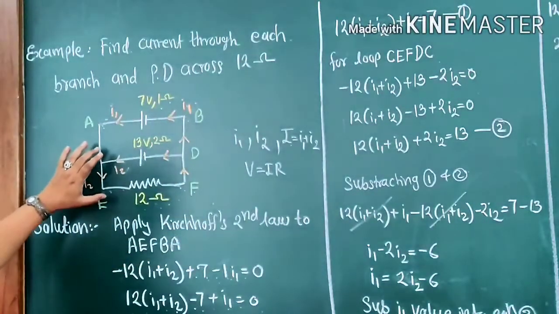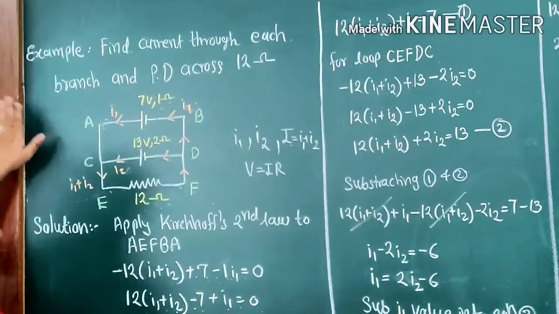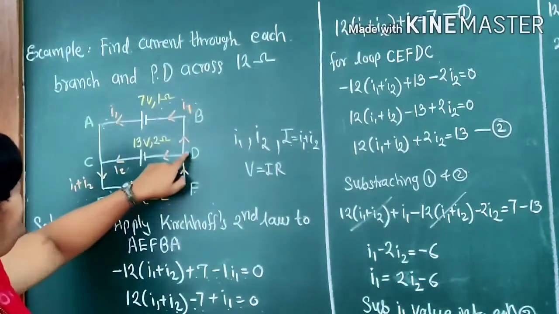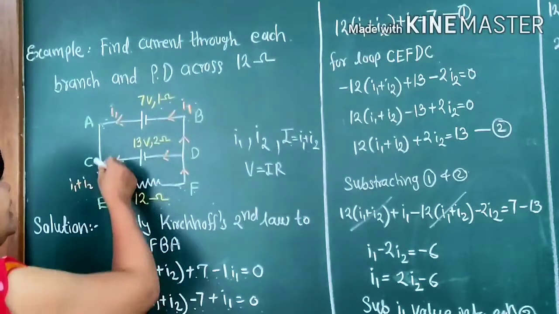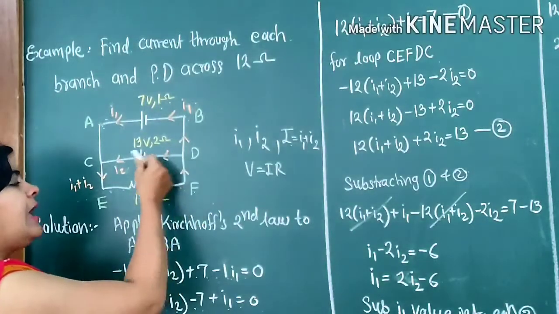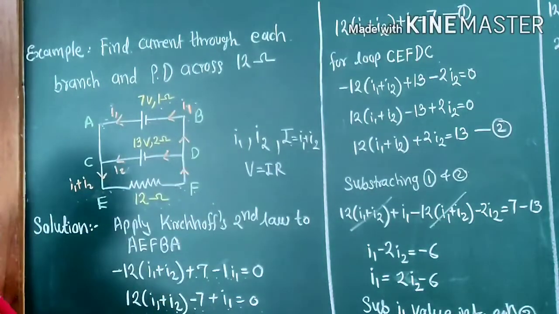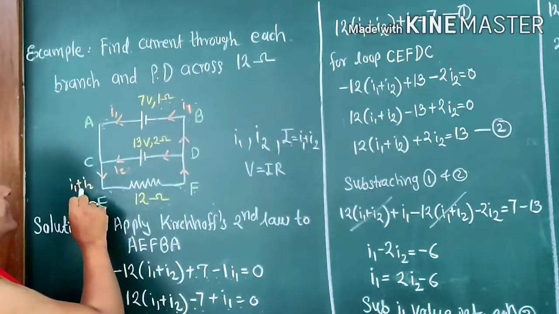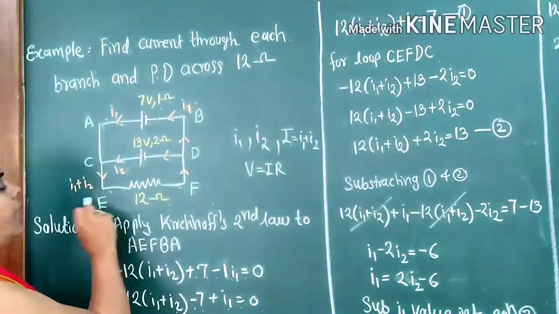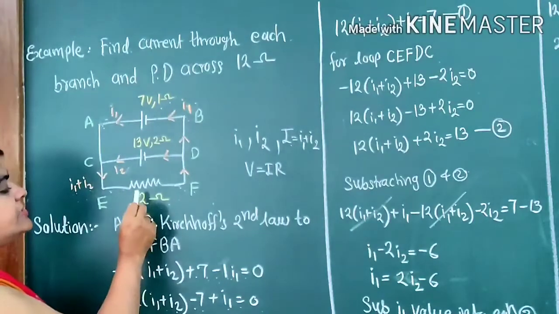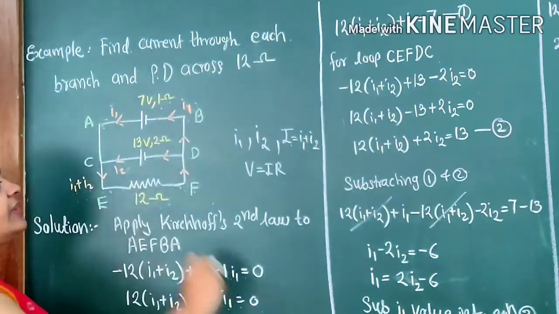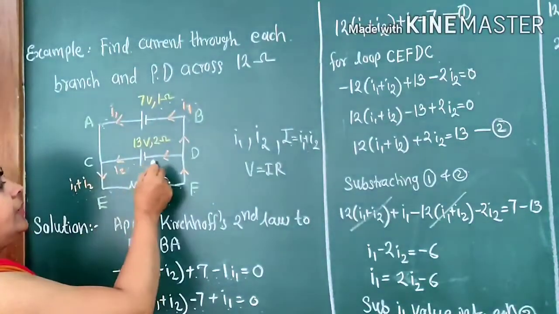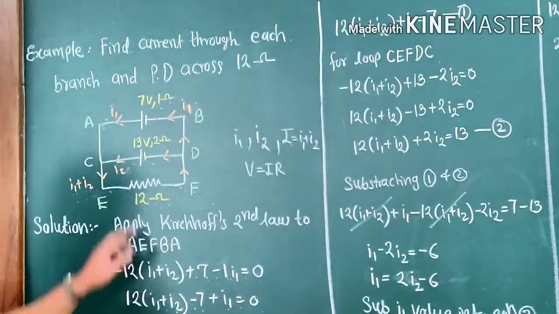We are applying Kirchhoff's law to the second loop, that is C, E, F, D, C. Again the direction of current is anti-clockwise, and the product is taken as (I1 plus I2) into the resistance 12, and the EMF sign is taken as positive: plus 13 volt.